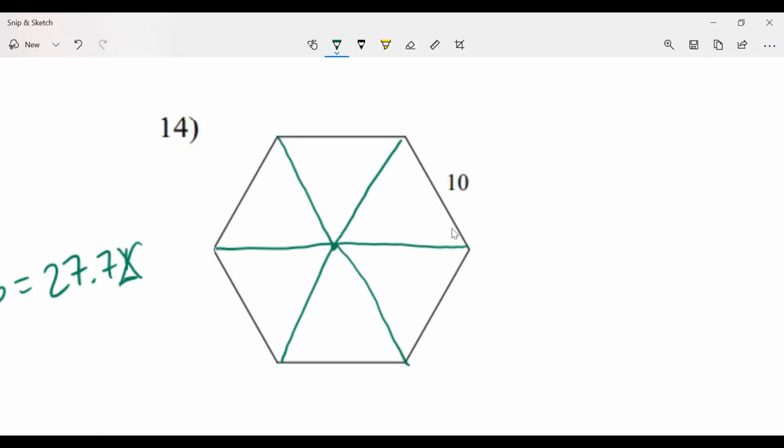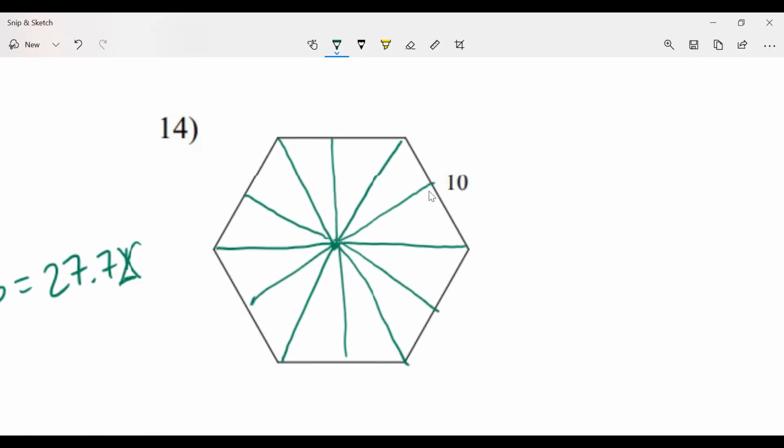So I'm going to go here, here, here, here, here, and here. I count how many corners I have. 1, 2, 3, 4, 5, 6, 7, 8, 9, 10, 11, 12.